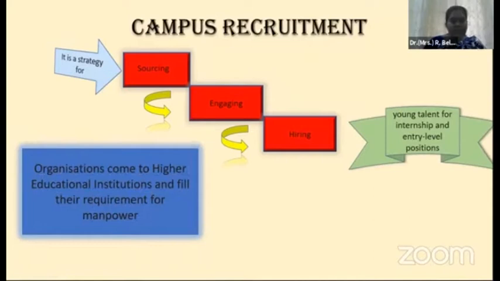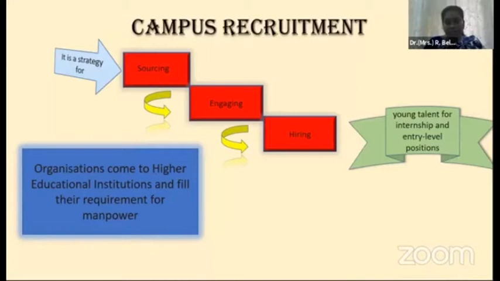Organizations come to higher educational institutions and fill their requirement for manpower. So campus recruitment is conducted jointly by the placement cell and the organizations which want manpower, especially young talents.